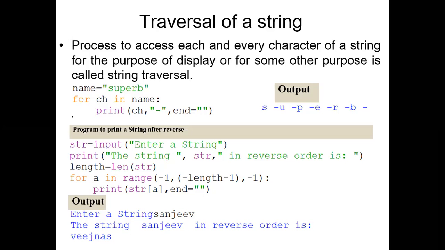If you run this code, which is also given on page number 336 of your textbook, you will get the output of superb with a dash. Traversing refers to iterating through the elements of a string, one character at a time.